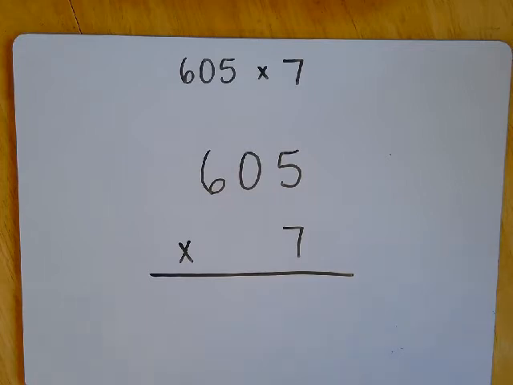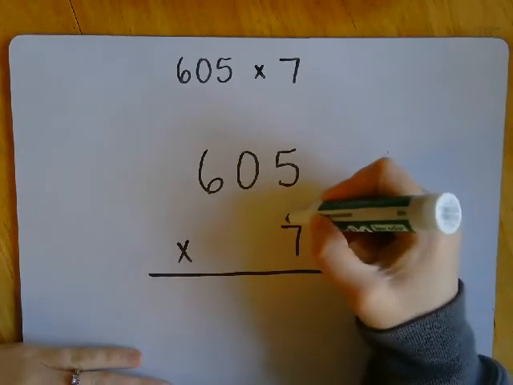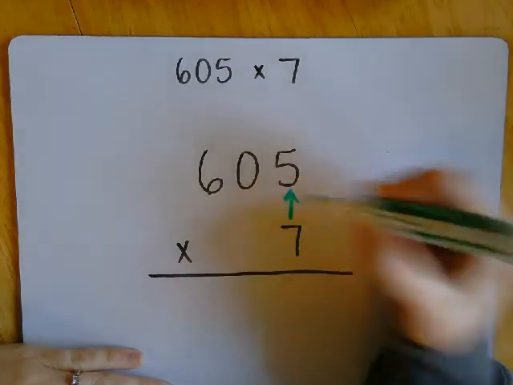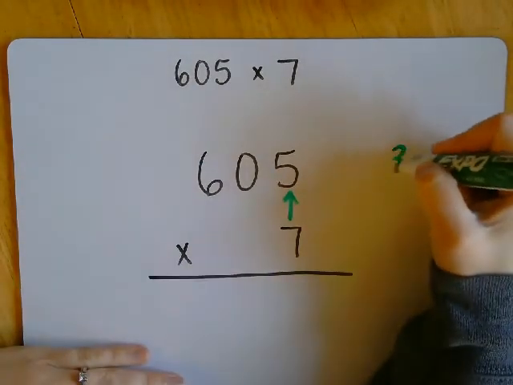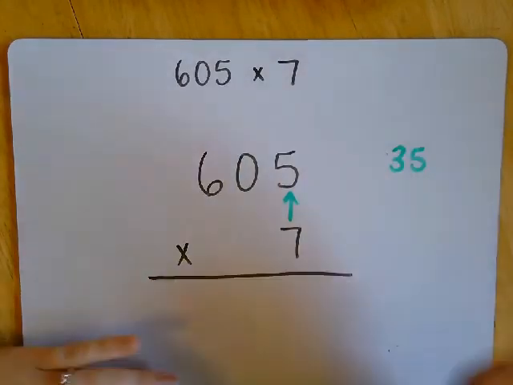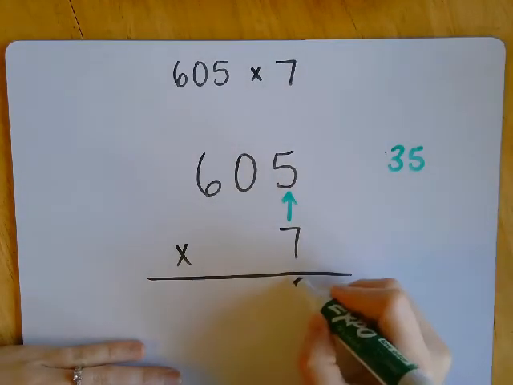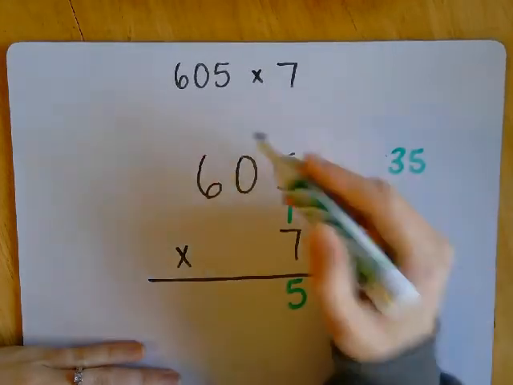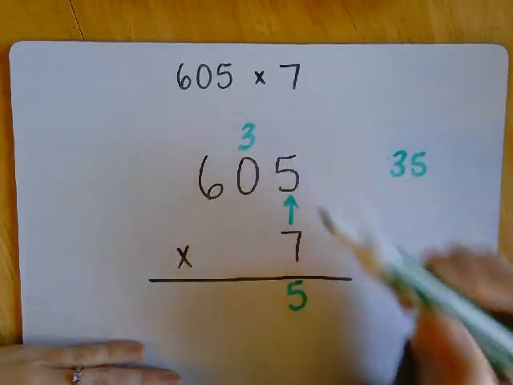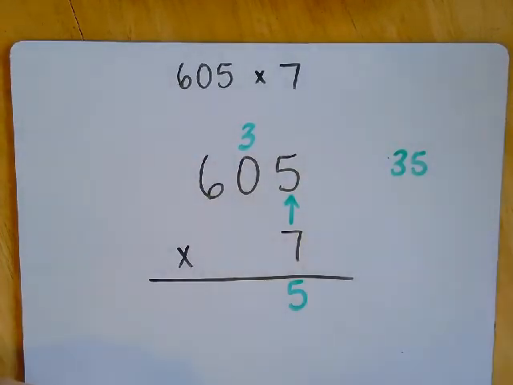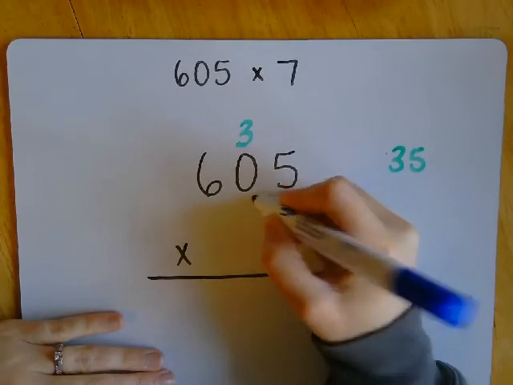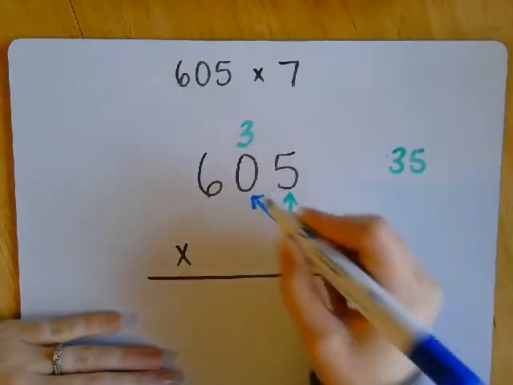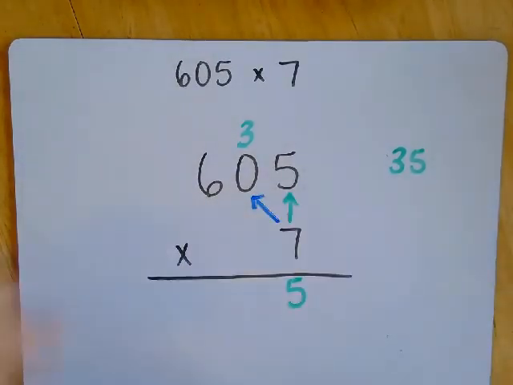Starting in the ones place, I need to multiply 7 times 5. I know that 7 times 5 is 35. The 5 stays in the ones place, and the 30 goes to the tens place. Next, I need to multiply 7 times the tens place.